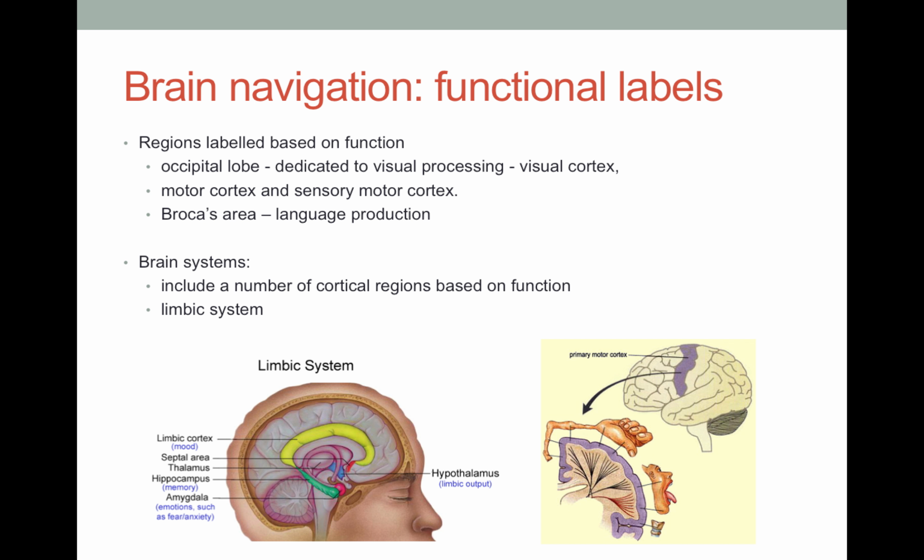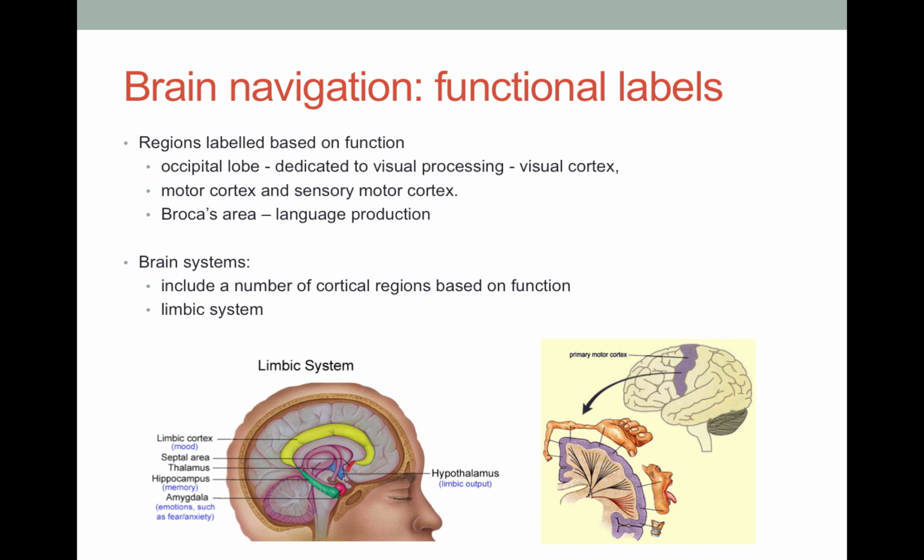There are also systems in the brain that refer to a number of cortical regions, such as the limbic system, which is made up of regions such as the amygdala, hippocampus, limbic cortex, thalamic nuclei, and other regions lying either side of the thalamus. It appears to be primarily involved in emotion and the formation of memories. And even some of these regions can be considered as belonging to other structures.